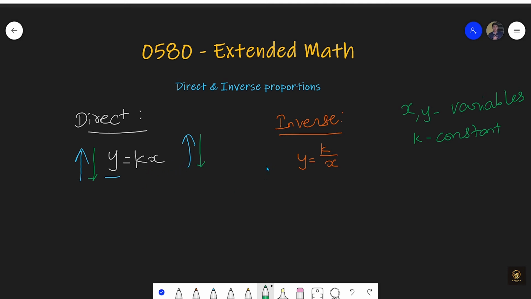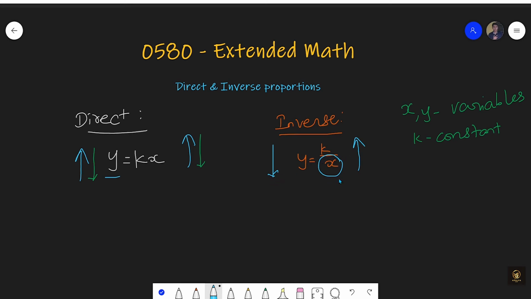Then let's move on to what is inverse variation here. In inverse variation, y equals k by x, x is in the denominator. We know the fact about fractions: whenever the denominator value is high, the result automatically reduces, because if you share with more people, then the share amount is going to be very less.